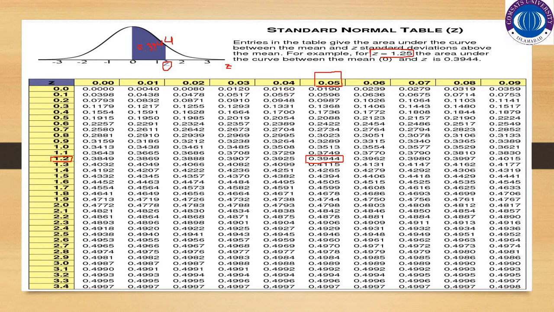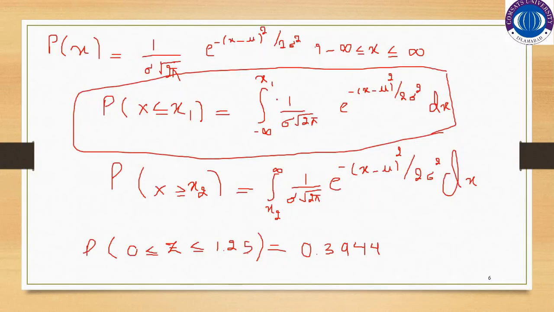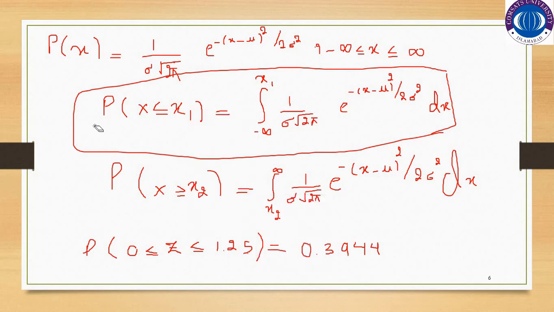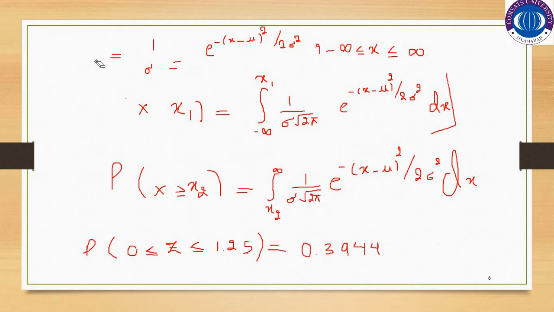And let's suppose we want to find out the probability between the mean 0 and minus 1.25.